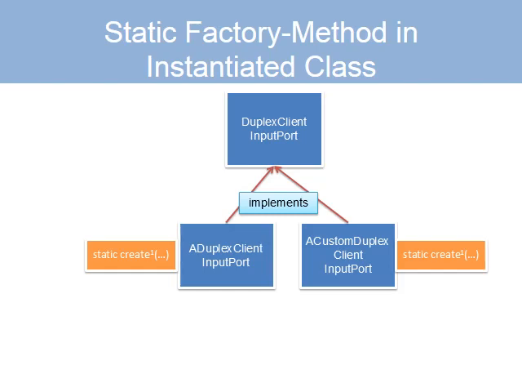The class itself has a private constructor, so you can't instantiate it directly, but it has a public static method that creates that instance. We could have a create method in a duplex client input port and a create method in a custom duplex client input port. Did you guys see this in Ketan's class? That's how, when I look at open source software, they typically implement the factory pattern.